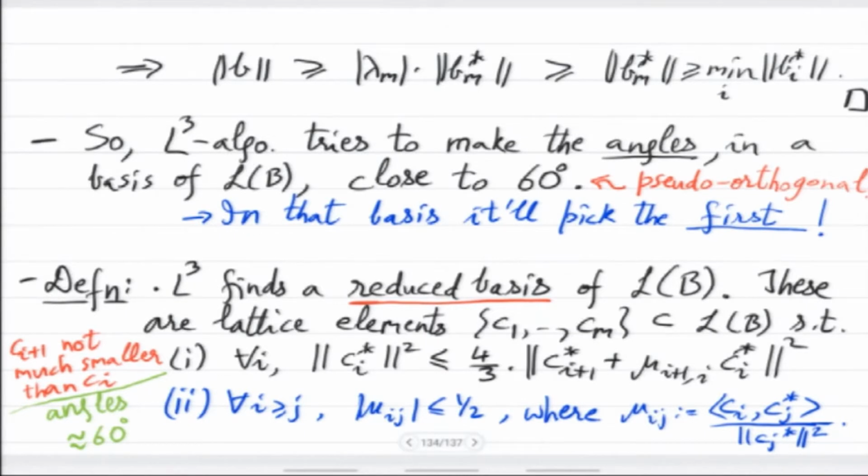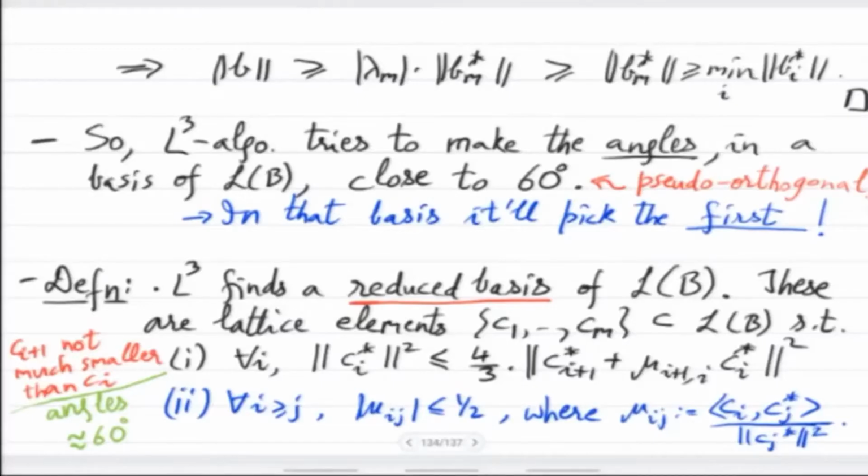So ideally C1 star should be smaller than C2 star, smaller than C3 star, and so on. That may not be achievable efficiently, so there is an approximation here. You want C1 to be smaller than 2 over square root 3 of C2, then C2 to be smaller than 2 over square root 3 of C3, and so on. So it will be roughly in an ascending order.